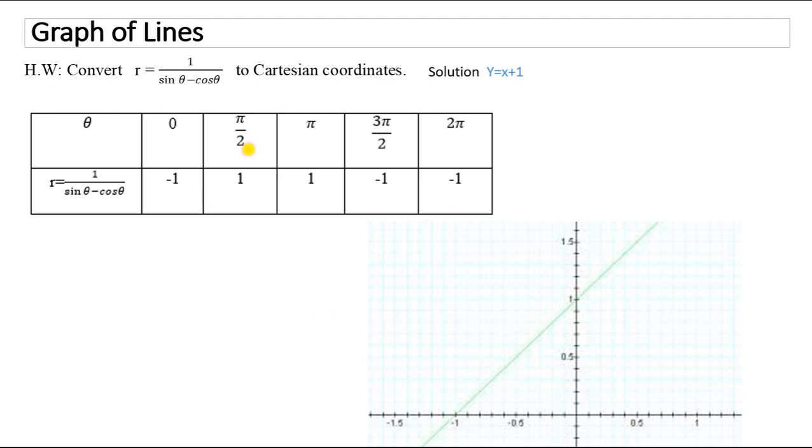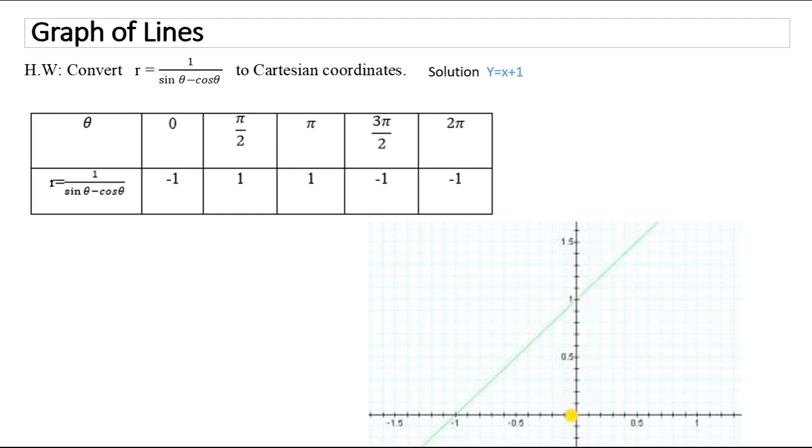If theta equals pi over 2, this line, the distance is 1, positive, on the same line of theta, because r is positive. This point.